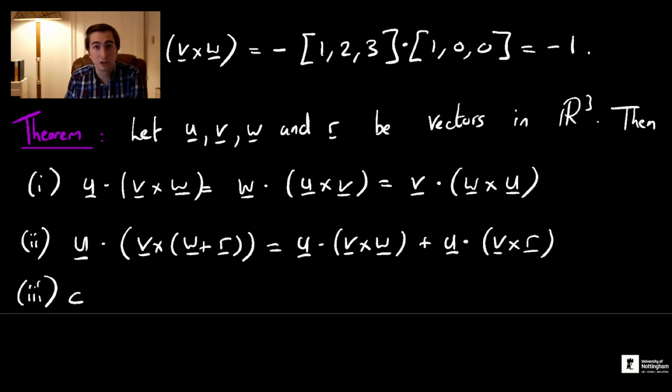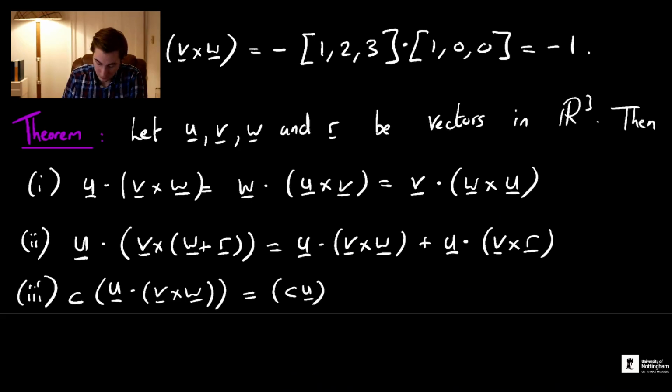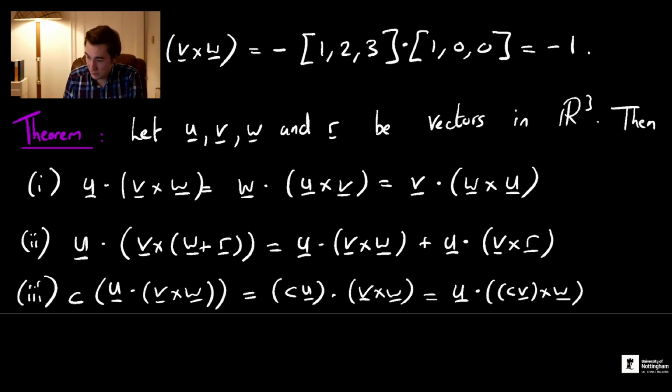And we have a similar version now for scalar multiplication. So we have U dot V cross W is equal to CU dotted with V cross W, and then we can take that inside, so we can also write that as U dotted with C times V cross W, which is the same as U dotted with V cross CW.